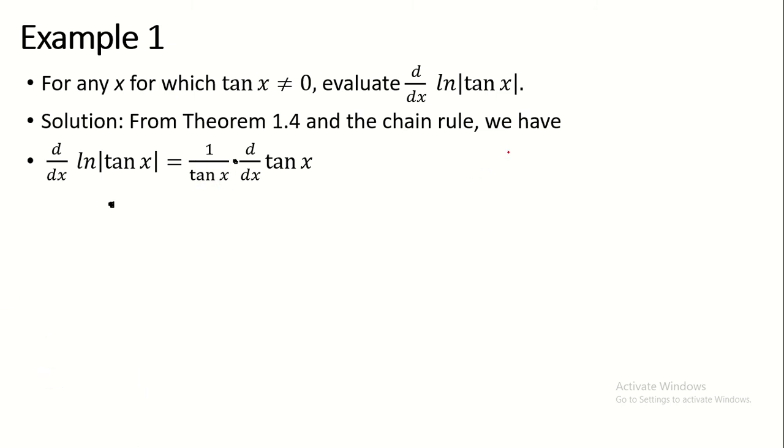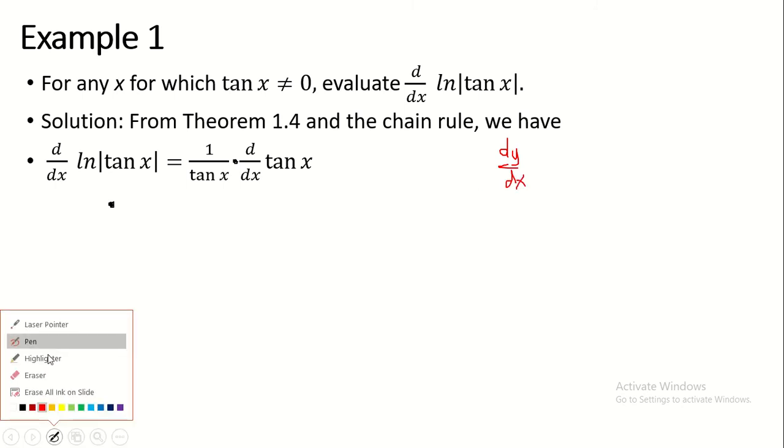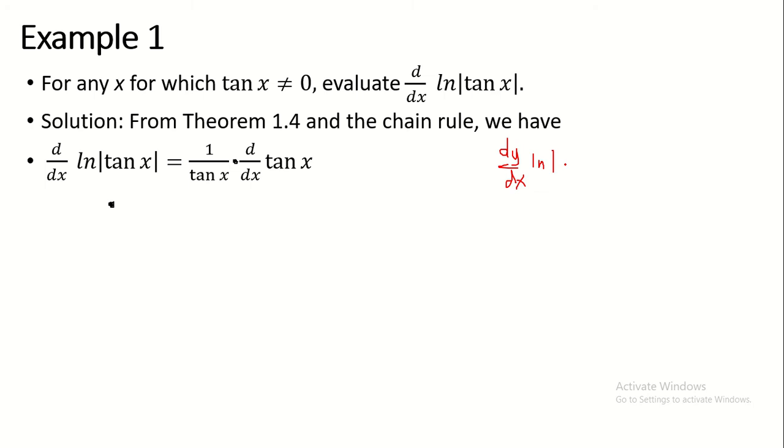Di ba yung theorem 1.4 natin, sabi kanina doon, the derivative with respect to x of the natural logarithm of the absolute value of x is equal to 1 over x. Okay? So, i-apply ngayon natin dito sa example natin, finding the derivative of the natural logarithm of the absolute value of tangent x.